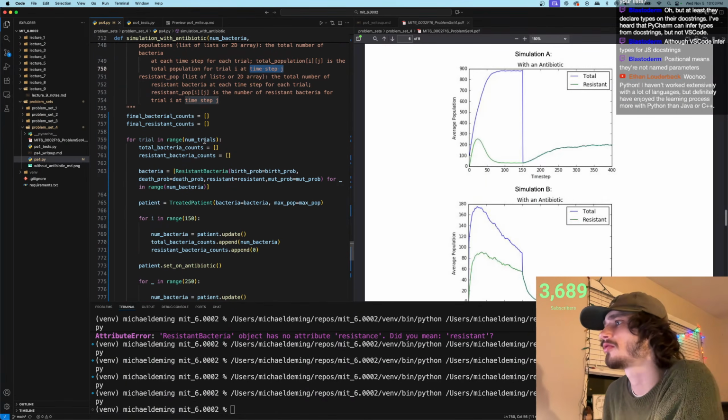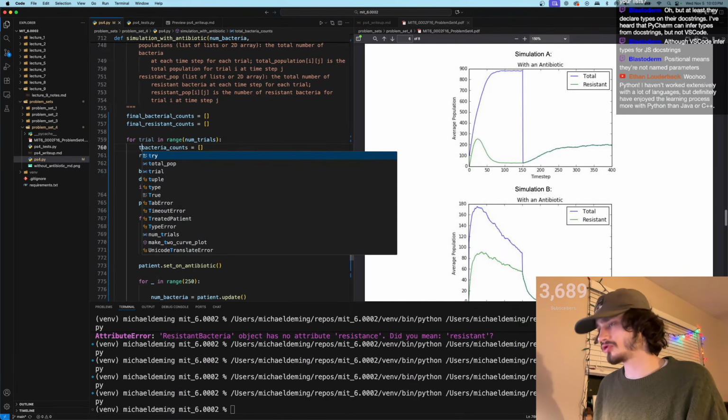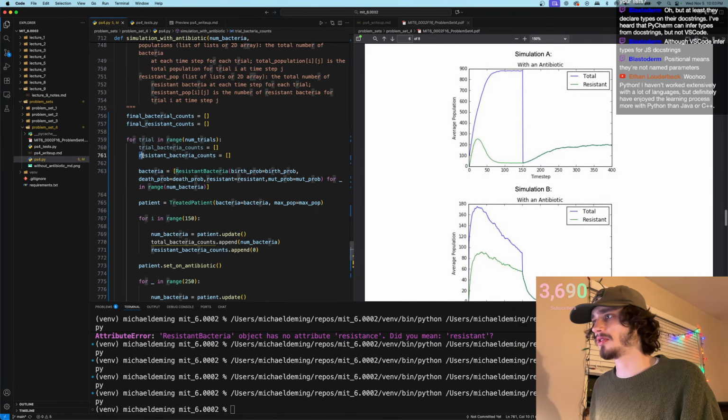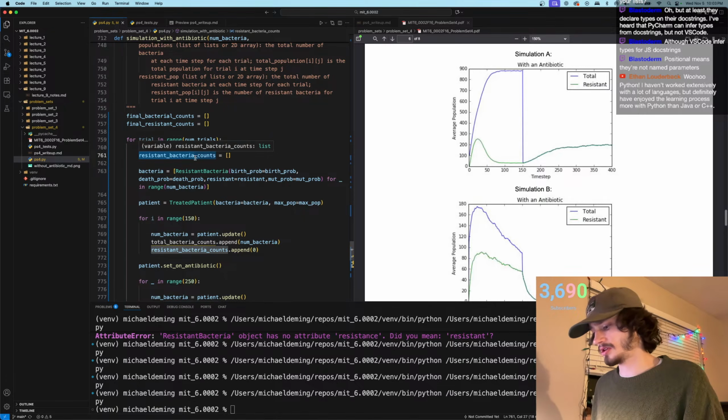Okay, so we have trial back. So we'll say trial bacterial counts and trial resistance counts.